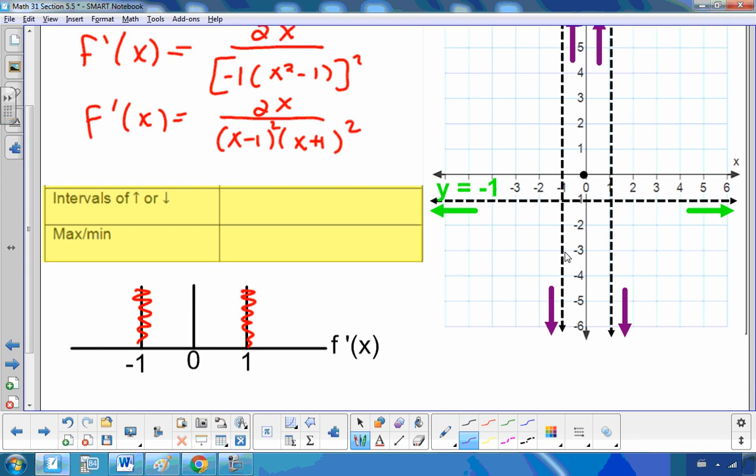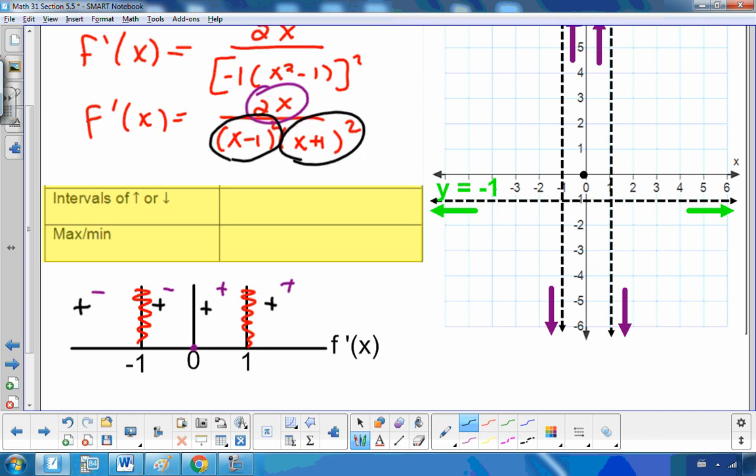Okay, so 2x is 0 at 0. So to the left it's negative and to the right it is positive. Now each of these, when they're squared, when I have any kind of a number squared, it is always going to be positive. So it might be negative on the inside, but once I square it, it's positive. Same thing here, also positive.